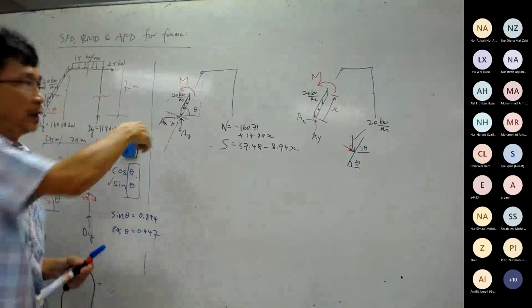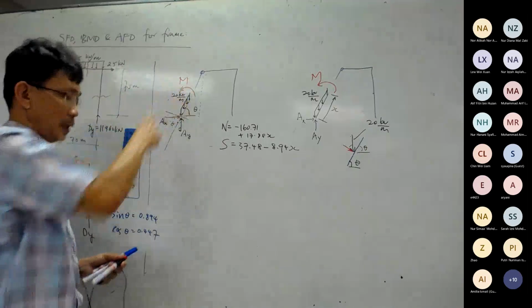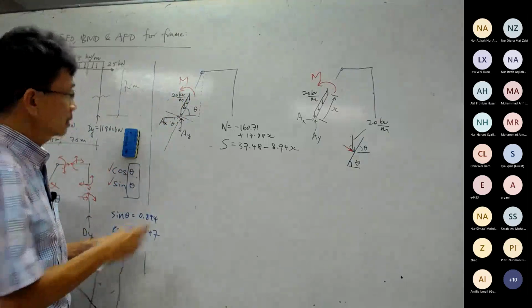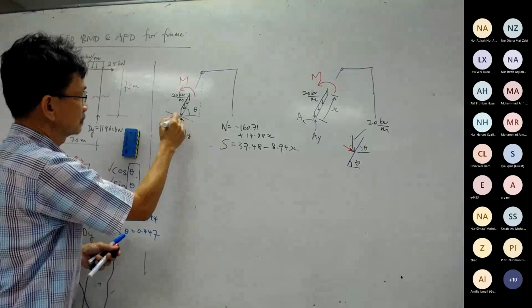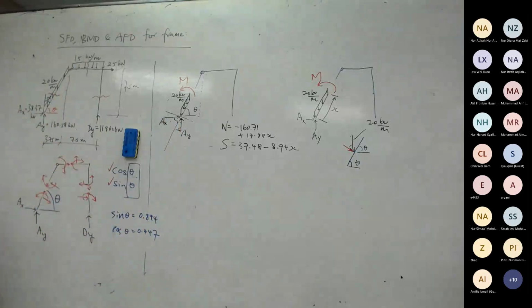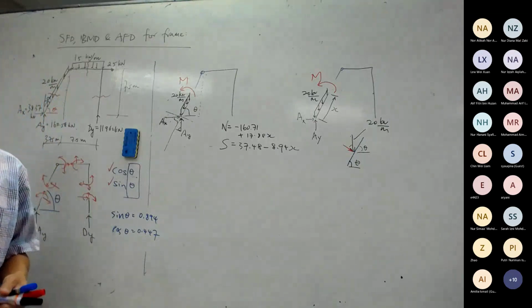Now we are going to calculate the bending moment caused by all these forces and the distributed load at this section. These are all theta, the same. Now I emphasize again, bending moment is force multiplied with perpendicular distance.